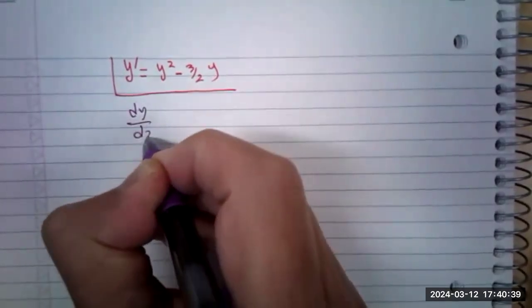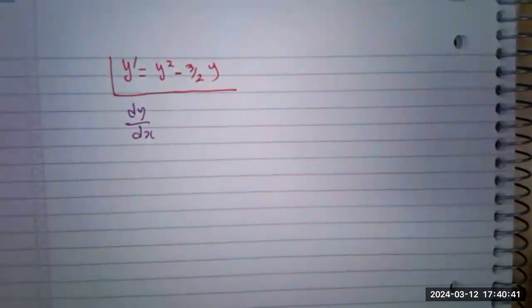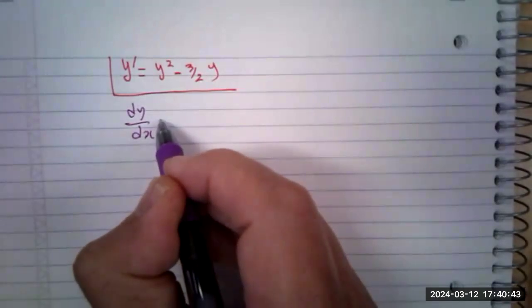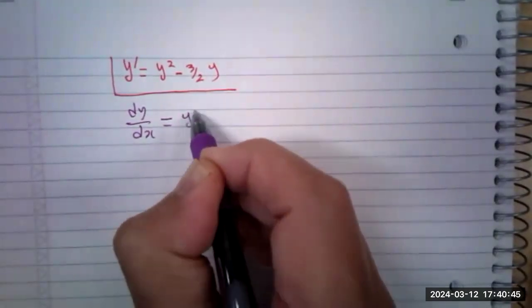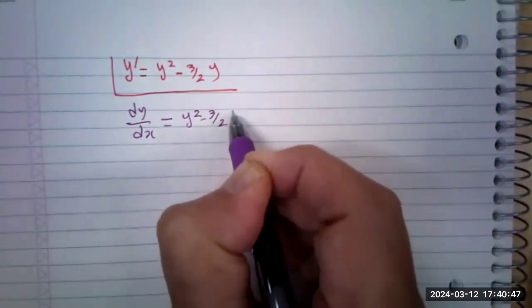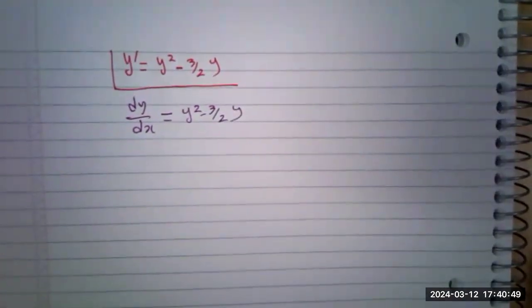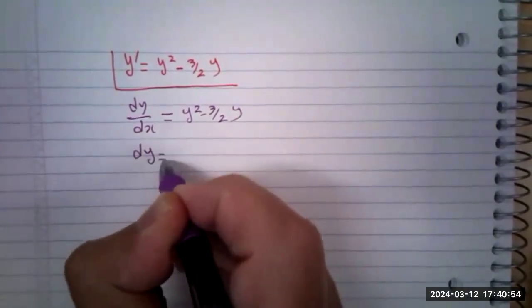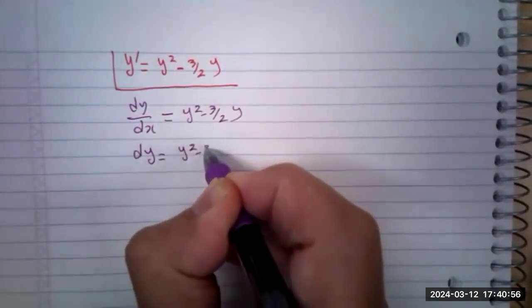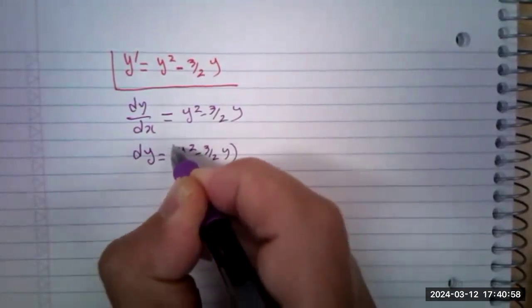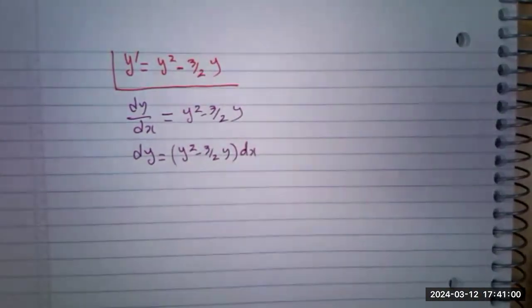That gives you dy/dx equal to y squared minus 3/2 of y. So switch. This is one of the problems in your book. Negative 3/2 y times dx.